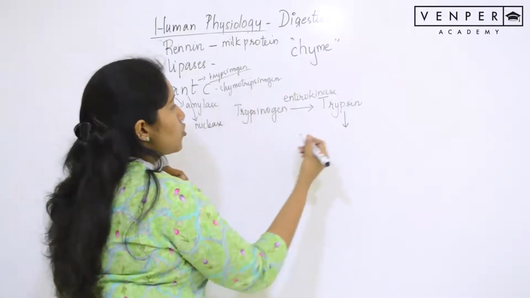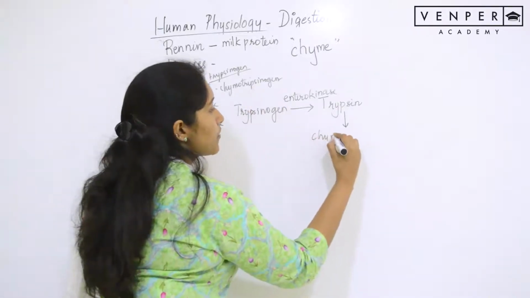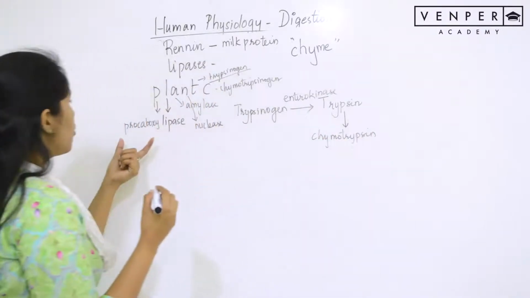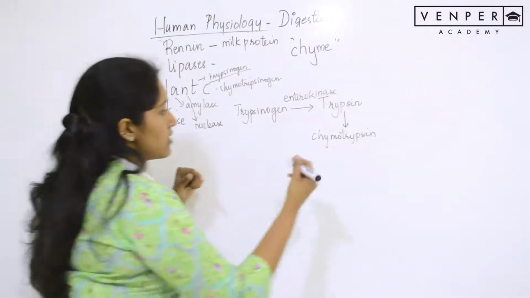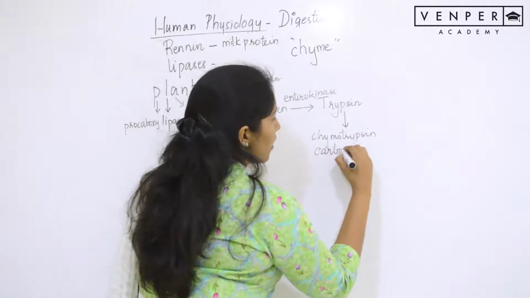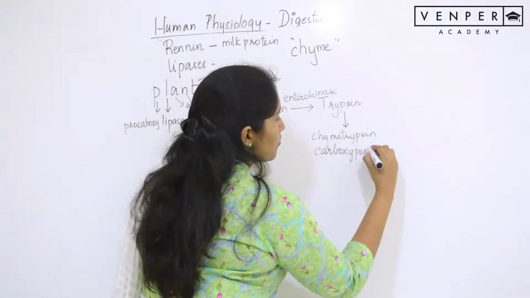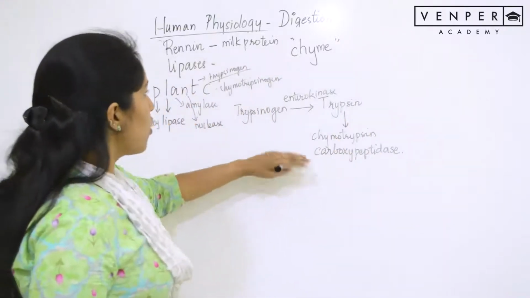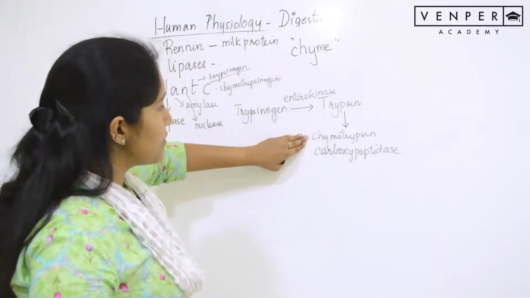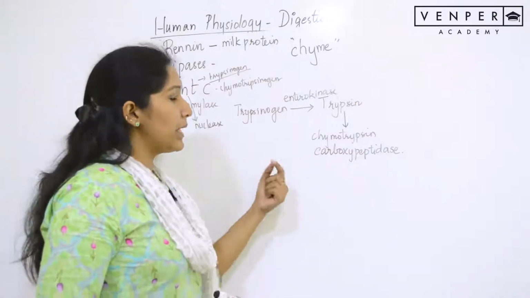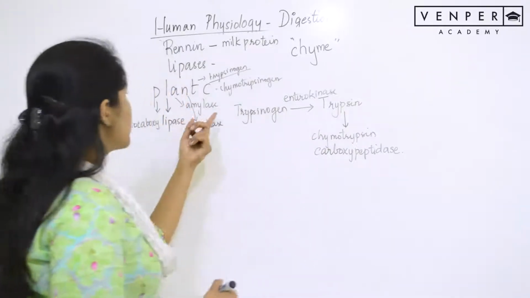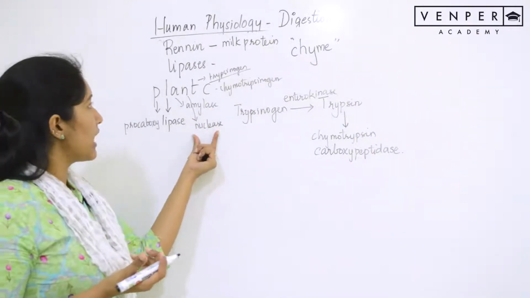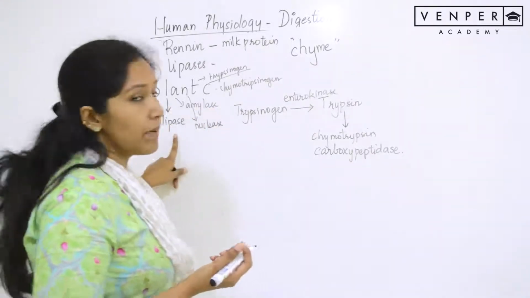So chymotrypsinogen becomes chymotrypsin, and procarboxypeptidases become carboxypeptidase. Trypsin, chymotrypsin and carboxypeptidase help in the digestion of proteins. Amylase is for your carbohydrates, the nuclease is for the nucleic acids, and the lipase is for the fat.